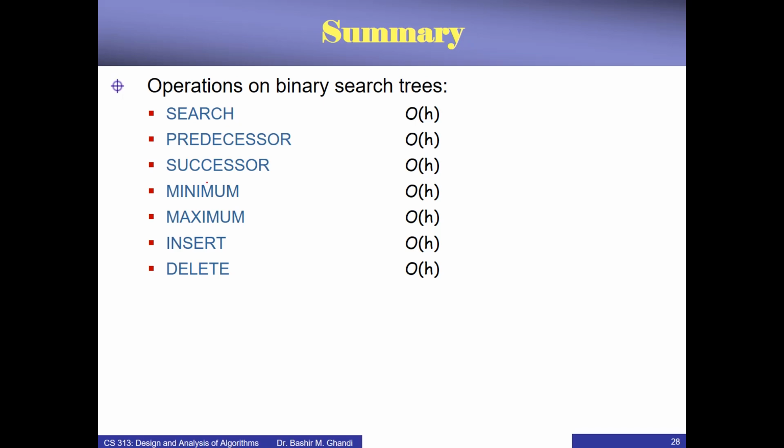But the search, predecessor, successor, minimum, maximum, insert, and delete will all have big O of h as their running time. So it depends on the balanced nature of the tree. If the tree is balanced, then this is log n. If not, it is somewhere in between log n and n, so we just say n.